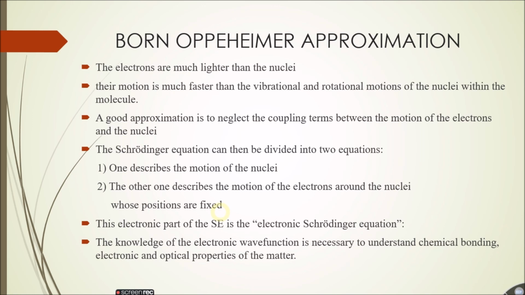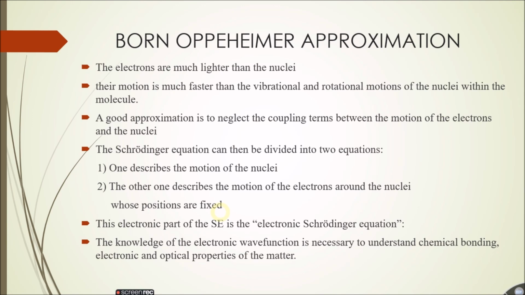So as a whole in the Born-Oppenheimer approximation, since the nucleus is very heavy compared to the electron, they just considered that the nucleus is moving very slowly compared to the electron. So the nucleus can be assumed to be fixed. Because the electron is moving very fast and the nucleus is moving very slow, you just make the nucleus fixed.